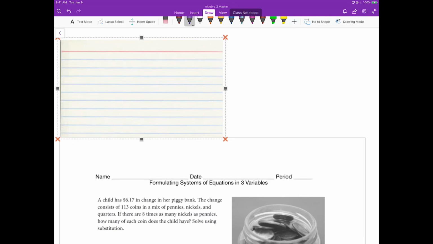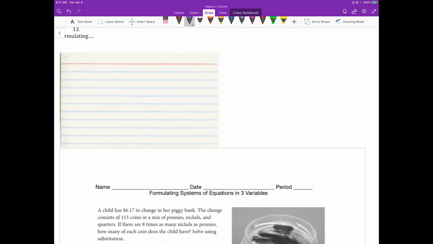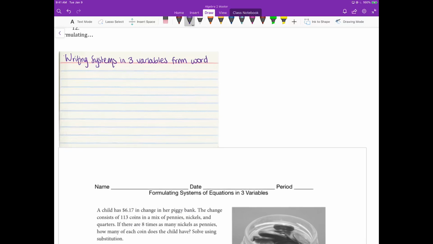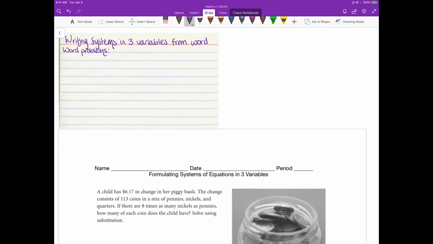So we can look at writing systems in three variables, word problems. And I take the same steps that I've taken before on writing equations from word problems.